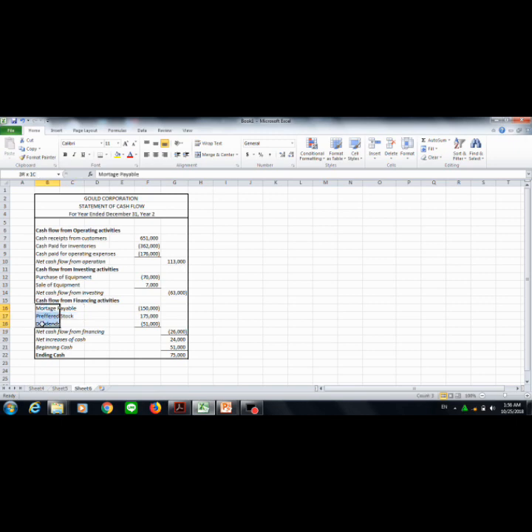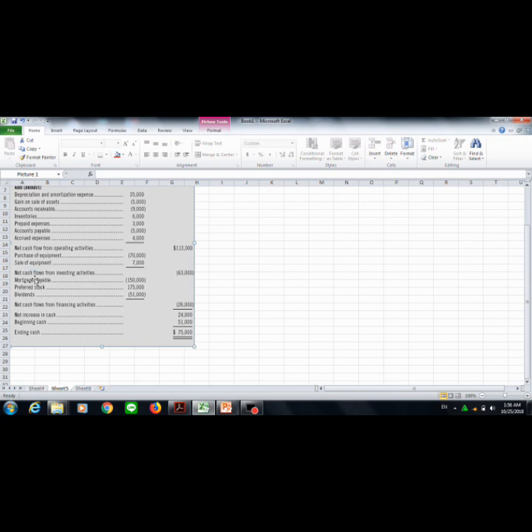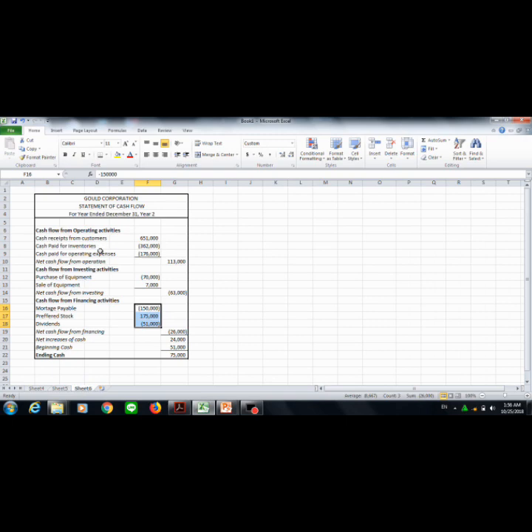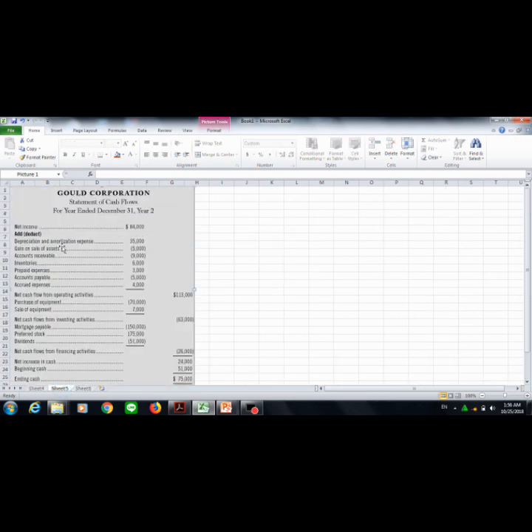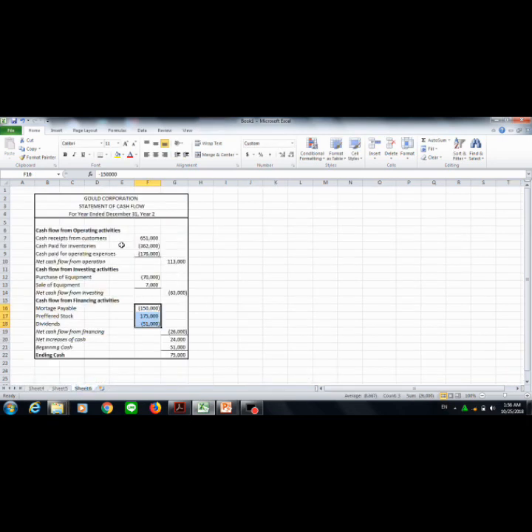Mortgage payable, preferred stock, dividend, also same. The only thing that makes the two methods different is the operating activities. Here we compare the net income and other accounts with our cash. But here we just write down the physical activities that happen.